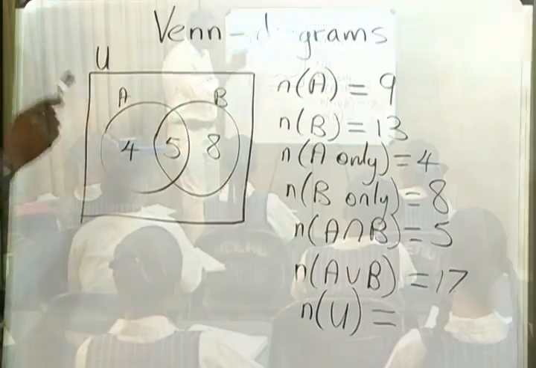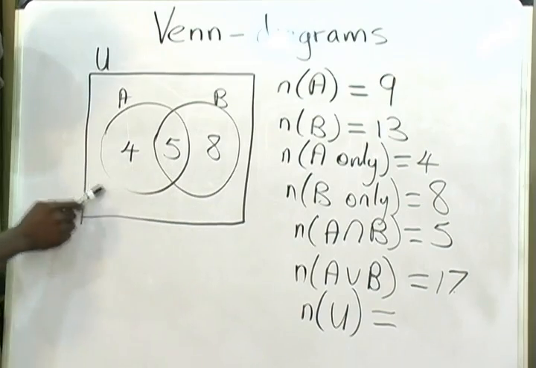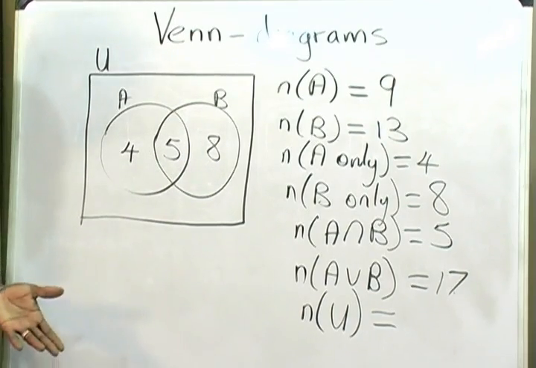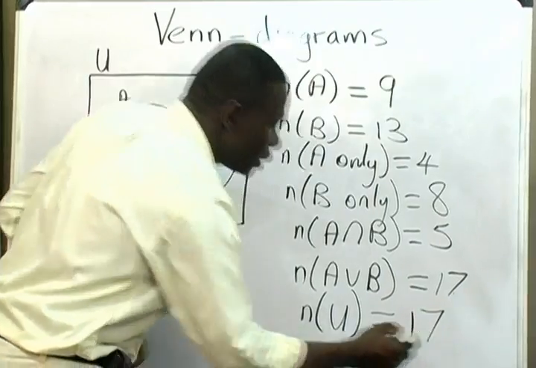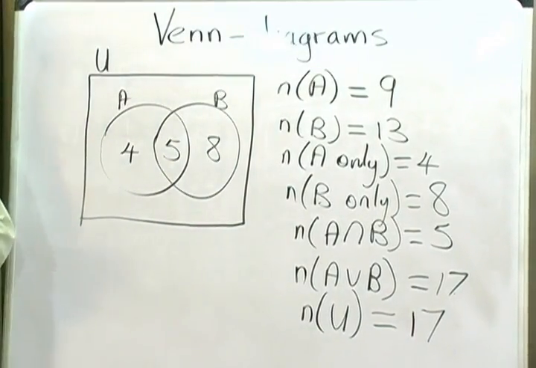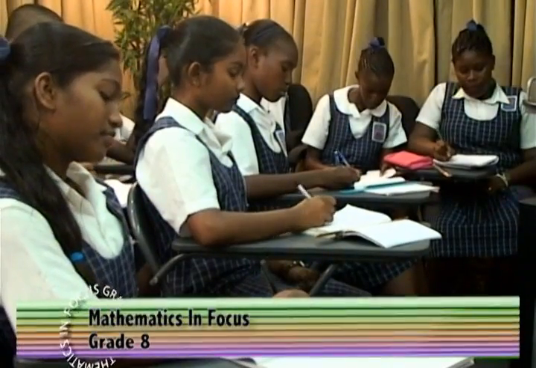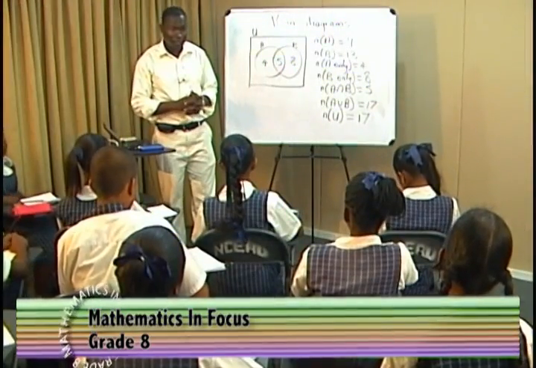All right, let us see. We have 4 and 5, 9 and 8, 17. So we only have 17 students in total. So this is equal to the number 17. So we have 17 students who we are considering, the students who study agriculture and the students who study business.